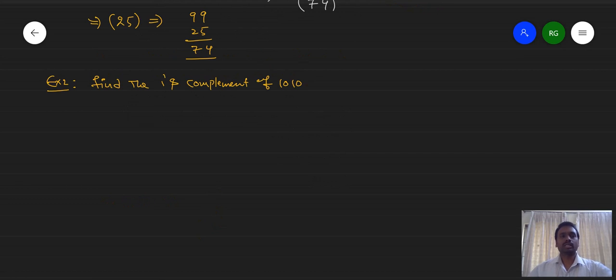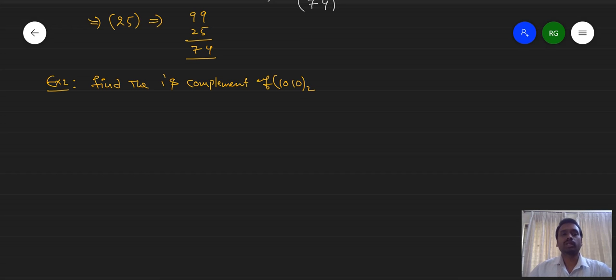Let us take another example. In example 2, find the ones complement of the number 1010. Here 1010 is a binary number, right? We are asked to find the ones complement, that is nothing but the r minus 1's complement of a binary number.